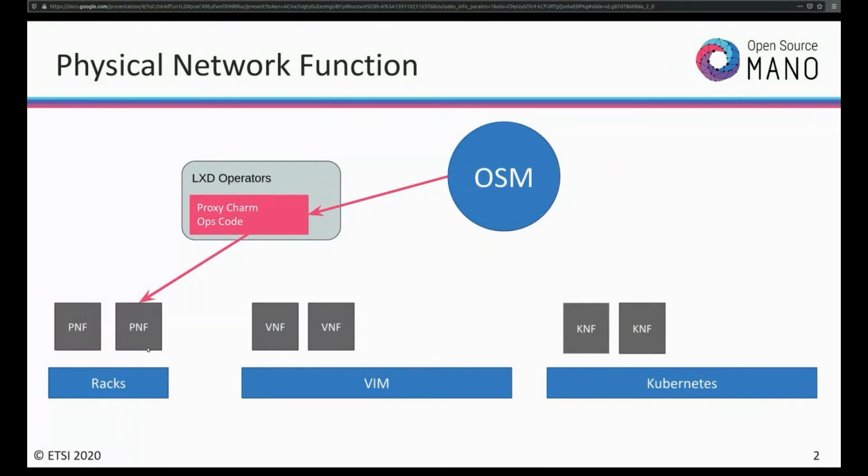So the PNF means that we are not going to instantiate anything, but we are going to configure an already existing router. In this case, the BIOS router that we are working with. So in that case, we have to use proxy charms again, because we cannot install anything inside the PNF.